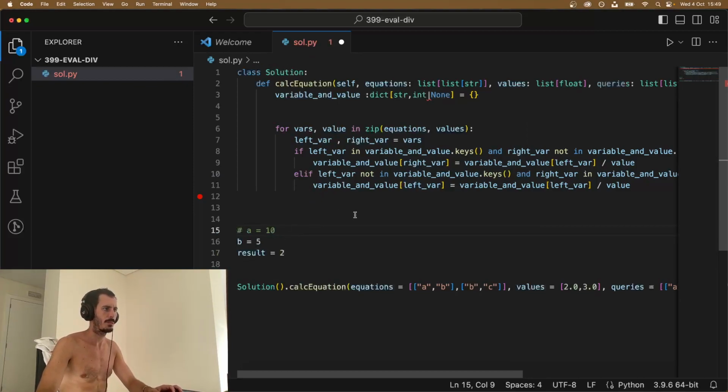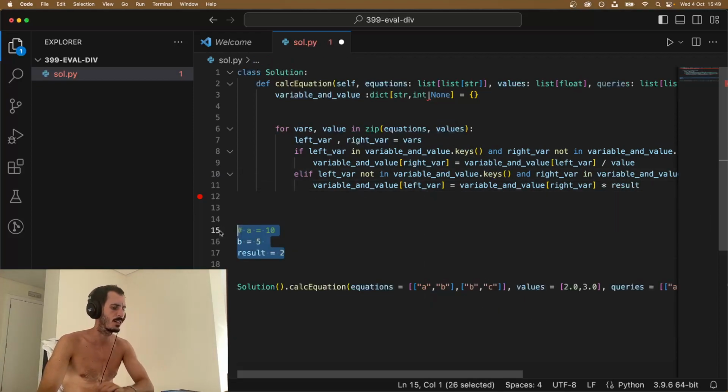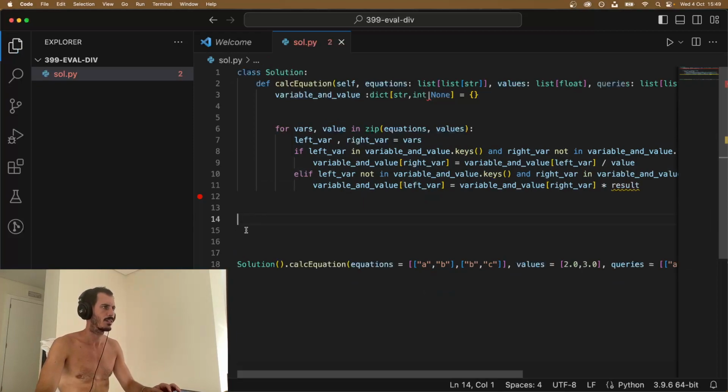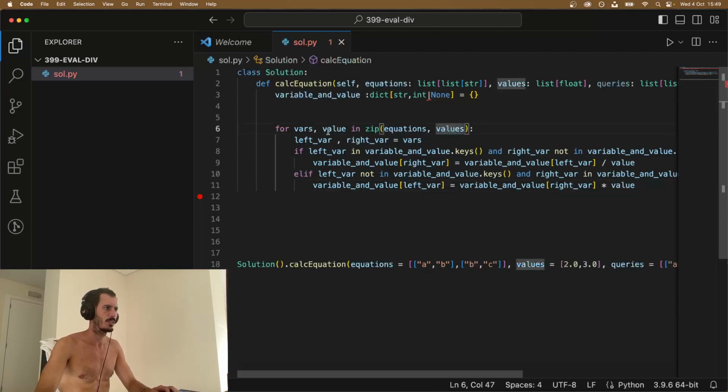So it's result times the variable of the right one. So left var is the right var times the result. Okay, I think that this is pretty evident. Oh, sorry, not result, value. This thing here.